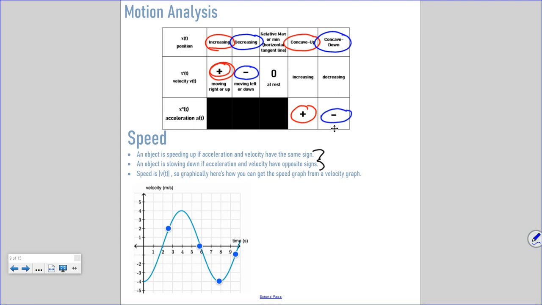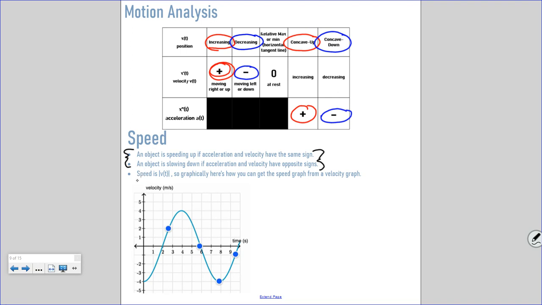So I would look for those characteristics. So that's one way you can tell. So if acceleration and velocity have the same sign, speeding up. If they have opposite signs, the object would be slowing down. So you do need to remember this. This is one way to determine speed.